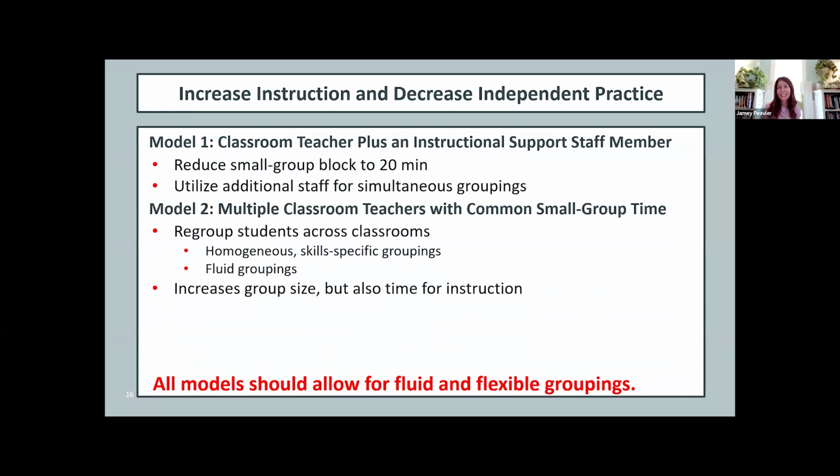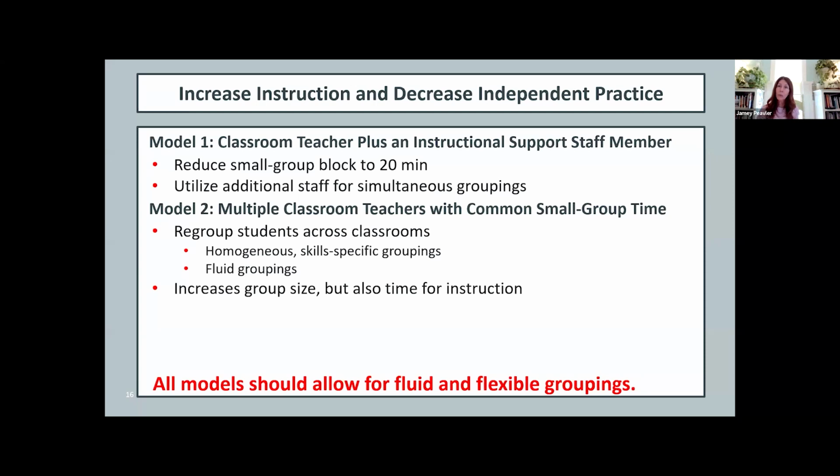Model 2 is possibly then regrouping students across their grade level. So if I had 2 colleagues in my grade level, we may use assessment data to determine that there are several different groups with similar skill needs, and we can share them across classrooms so that students are pretty homogeneously grouped across the classrooms, and therefore we can meet their needs better instead of spreading ourselves thin across a wide range of skill needs.